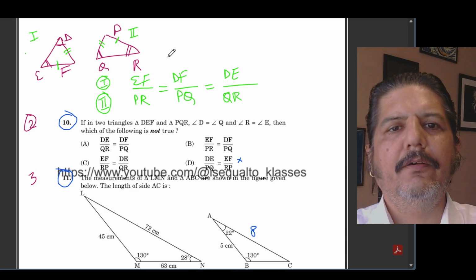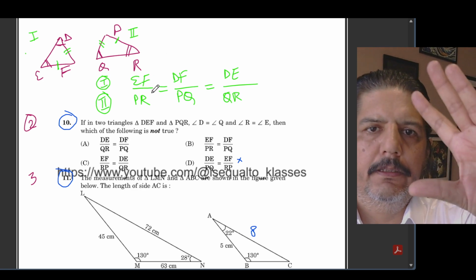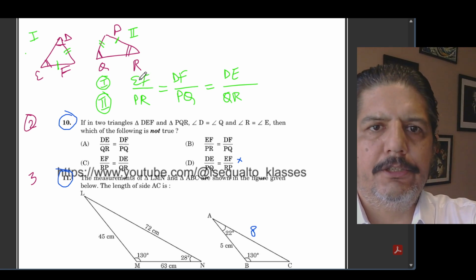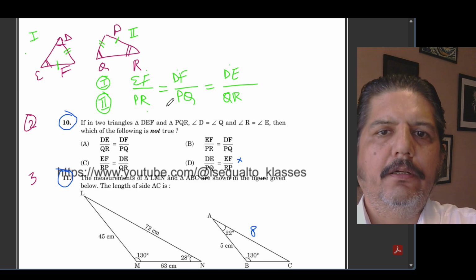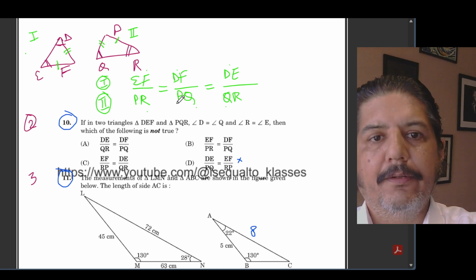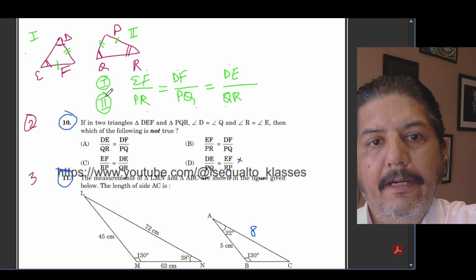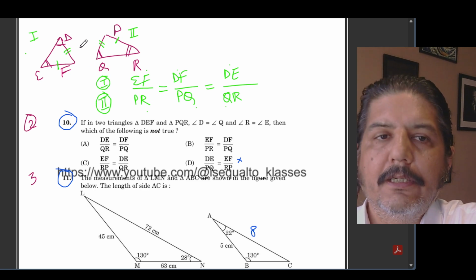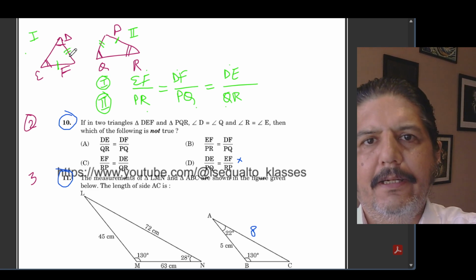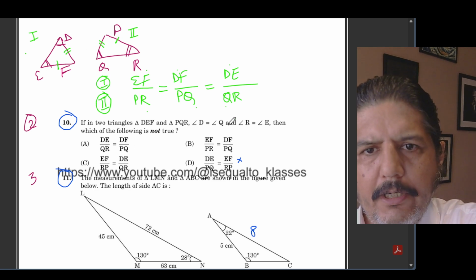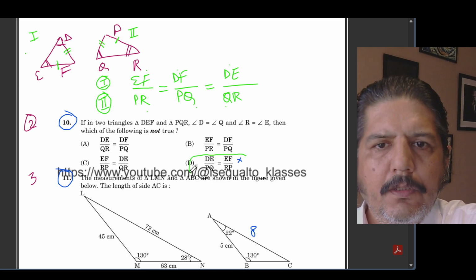So now if you see, I've clearly made a distinction that the numerators have sides from triangle 1 and the denominators have sides from triangle 2. There is no confusion among the corresponding sides. The corresponding angles are marked very clearly, so there is no confusion.